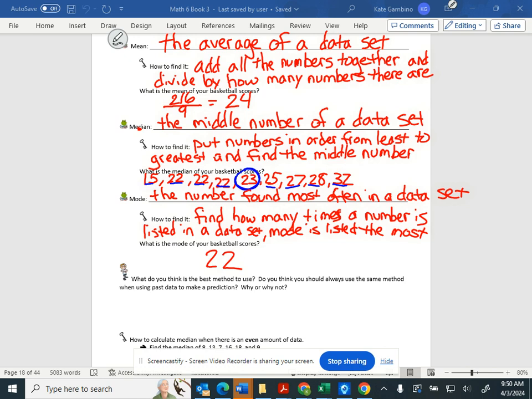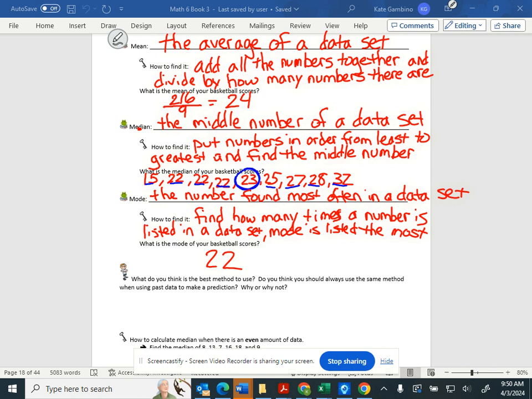What was that, Connor? You can get different answers. So sometimes it depends on what the question is. What are they asking us to find? Do I need to find the average, that mean? Do I need to find which thing is happening most often? Then I need to find the mode. So it really depends on what is being asked, what prediction you're being asked to make, as to which one you're going to use.